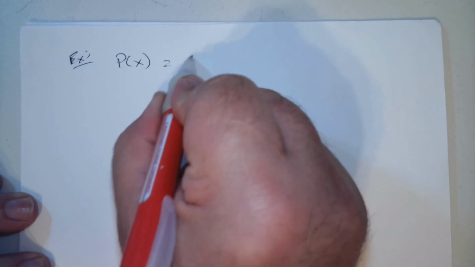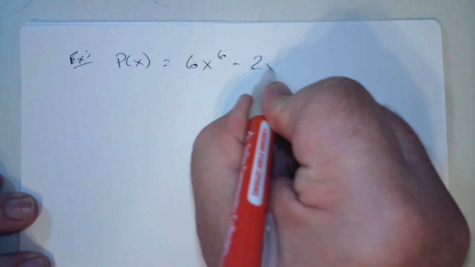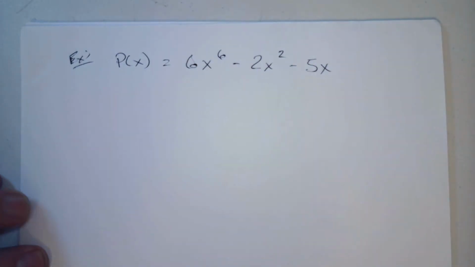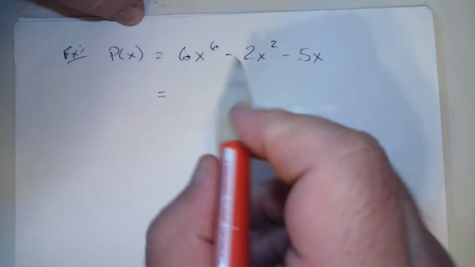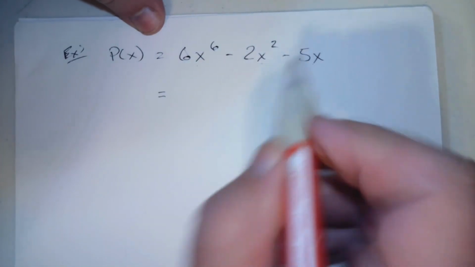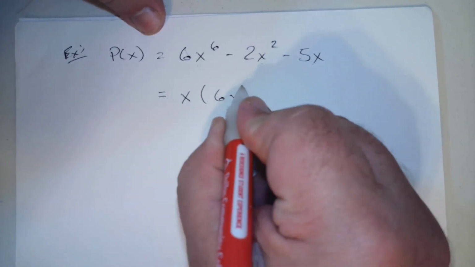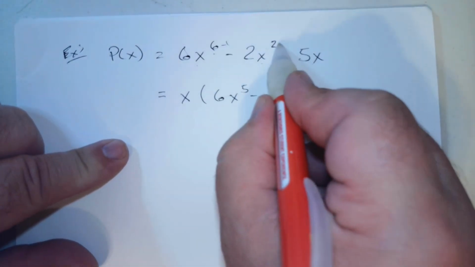P of x, 6x to the 6th minus 2x squared minus 5x. Notice that all of these terms have an x in common, so I can factor out an x. So that means if I take out an x, I subtract these exponents by 1.